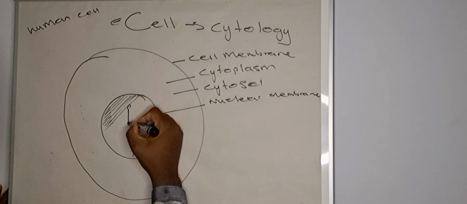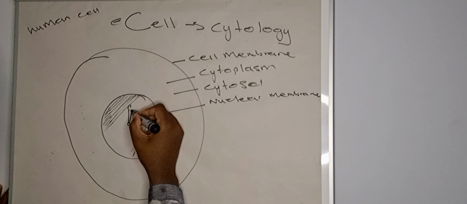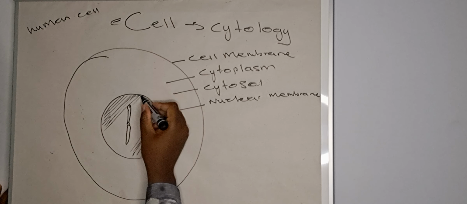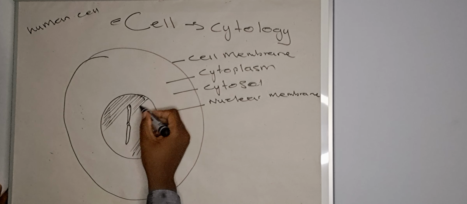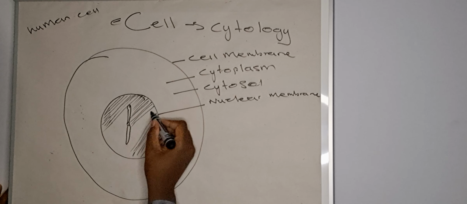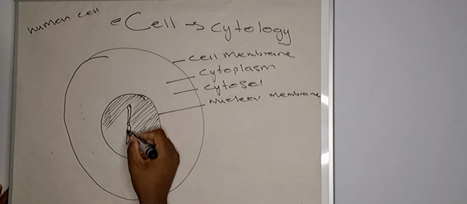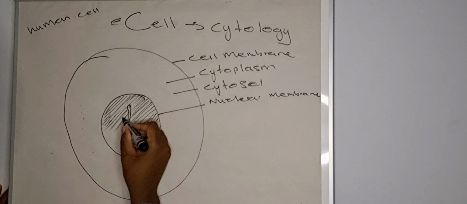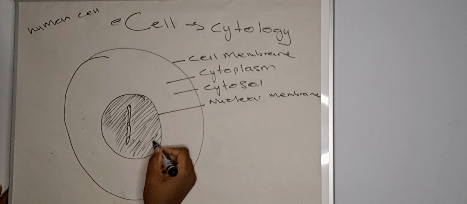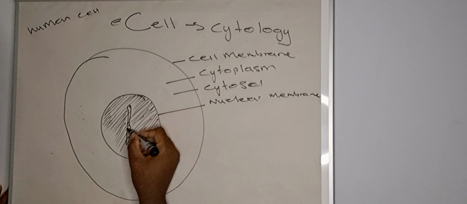Normally, there will be a chromosome inside, but now it's in chromatin form, whereby it is difficult to make use of it. But we understand that there is DNA inside here.